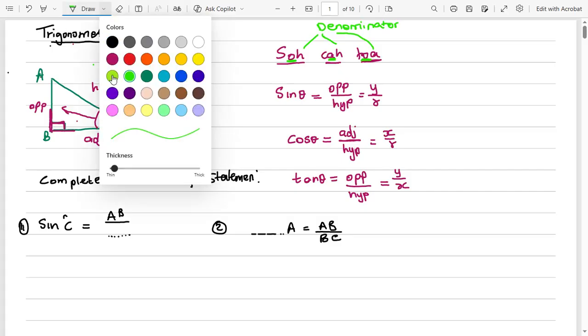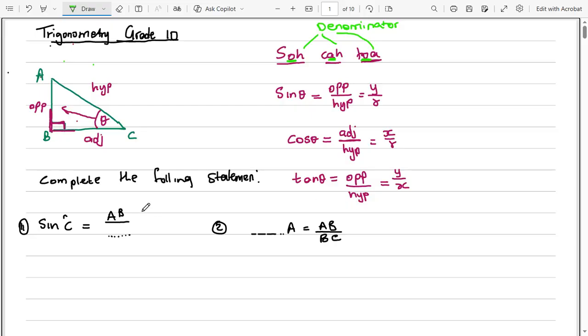One thing I need you to look at is the sine of angle C, which is this angle. Sine is opposite over hypotenuse. You have to take your opposite, which is this part. It should be on top. That's your AB. And then you divide by your hypotenuse, which is AC.